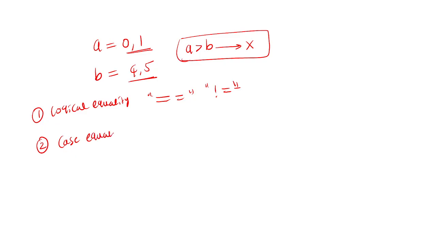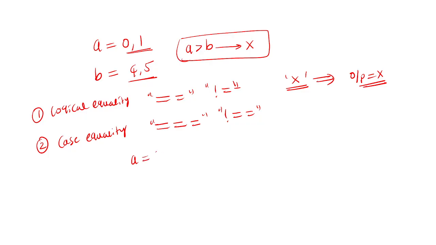In case equality, three equal symbols are there, and for not equal, two symbols with a not. This is case equality. In logical equality, if any one of the input bits is x, you are getting output as x.